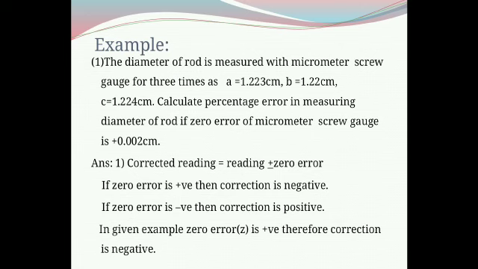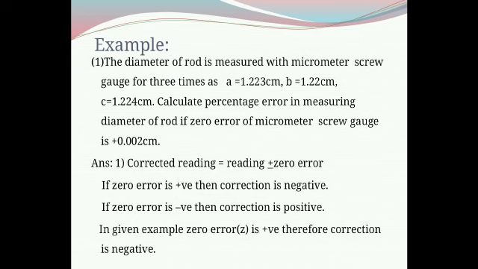Calculate the percentage error in measuring the diameter of the rod if the zero error of the micrometer screw gauge is plus 0.002 centimeter. Here there are a total of 3 readings A, B, C, and we have to calculate the percentage error in measuring the diameter of the rod.